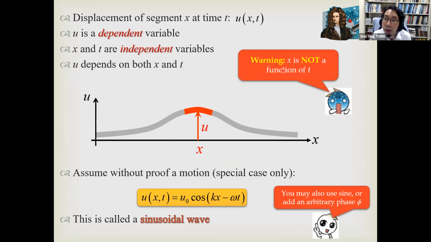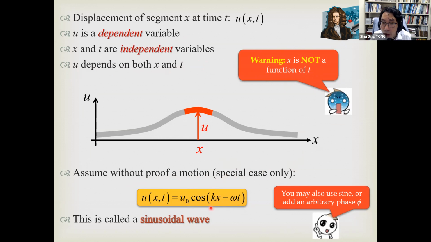And the warning is that when we talk about waves, X and T are independent. X is not a function of T anymore. Now we assume without proof that a wave with a single frequency can be described in this form. This is just our assumption.